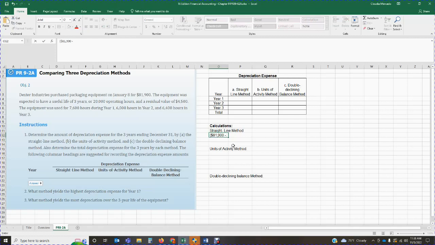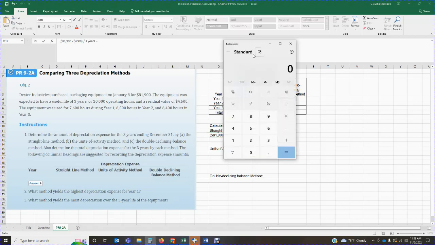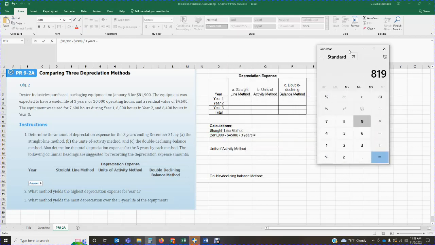According to this, we have a residual value of $4,500. And we're going to divide by the useful life, which is 3 years. So we've got 81,900 cost minus residual value of 4,500. It gives me 77,400 divided by 3 years.